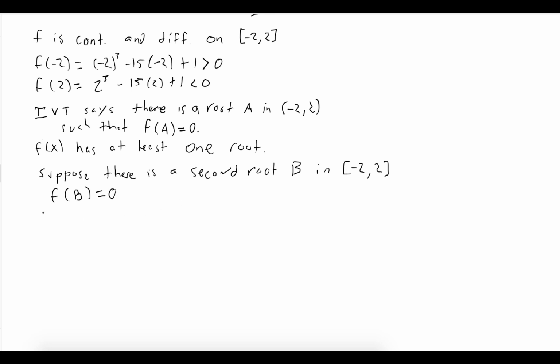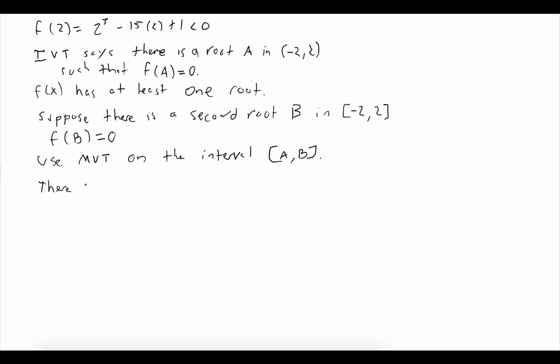So now we're going to use the mean value theorem on the interval a to b. This means that there exists a number, let's say c, in the interval a to b, such that the derivative of f evaluated at c is equal to f of b minus f of a all over b minus a.